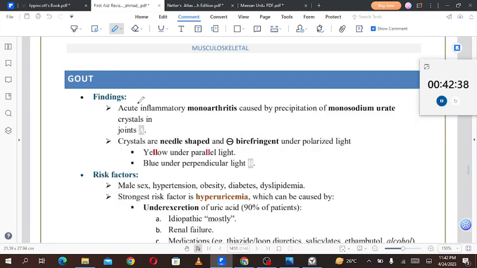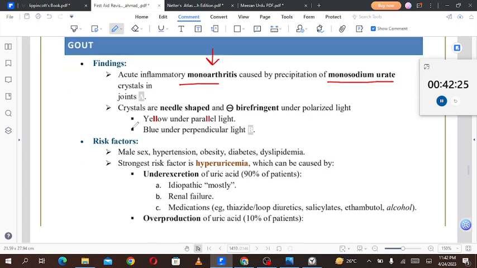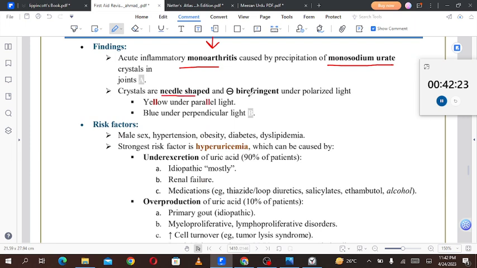Then we have gout. Findings: acute inflammatory monoarthritis, involving only one joint, caused by the precipitation of monosodium urate crystals in the joints. Crystals are needle shaped with negative birefringence under polarized light: yellow under parallel light and blue under perpendicular light.